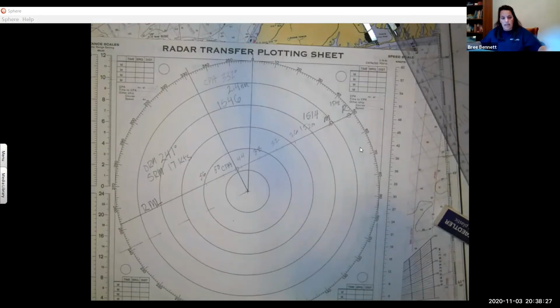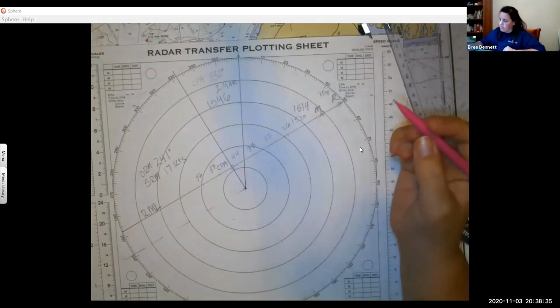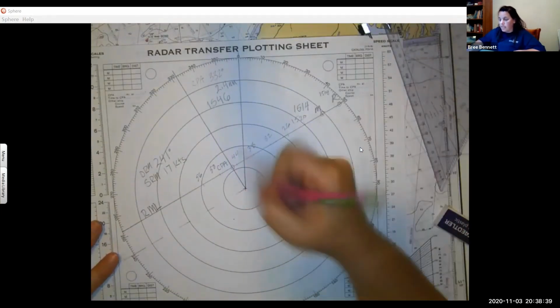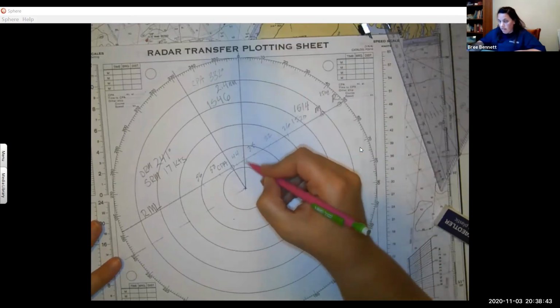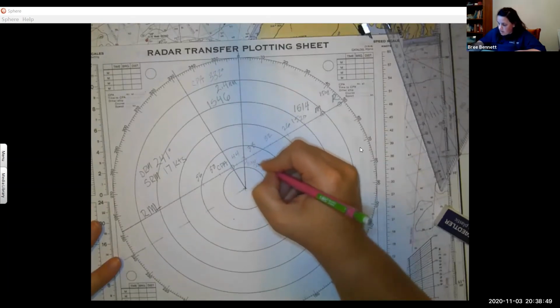Yep. Now we're going to add in our E. Okay, so before I add in E, I just wanted to point out, because we have a heading flasher, that this point here is the bow crossing.